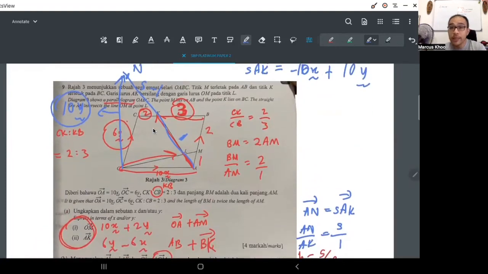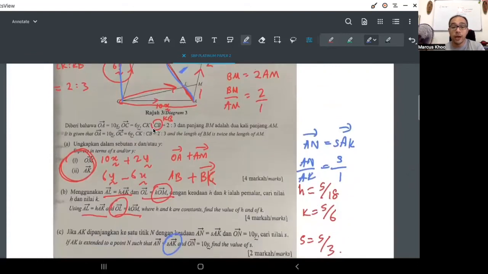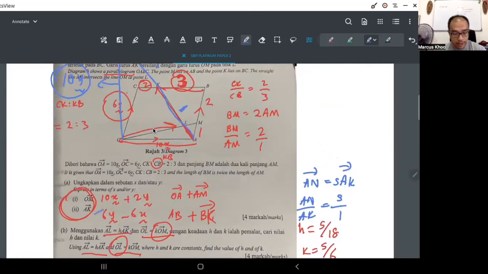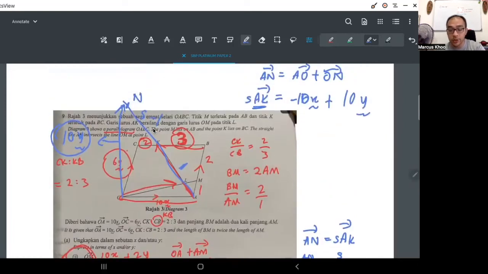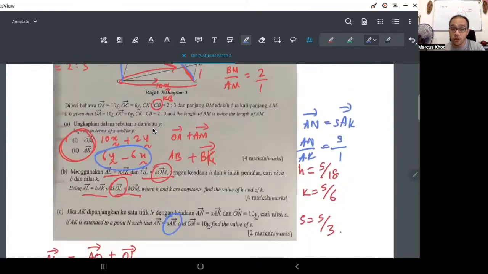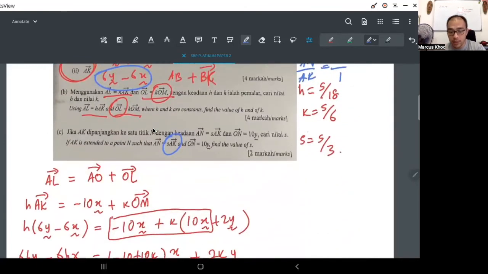Okay, so the same thing again, comparing the x and the y vector. Okay, we already have AK, which is 6y minus 6x, so we can substitute it in here. Then the same thing, you compare the x and the y vector, and you should get the same answer, which is s equals to 5 over 3.